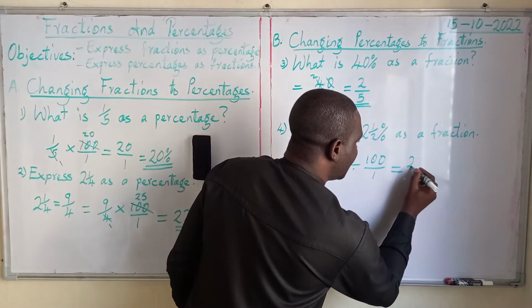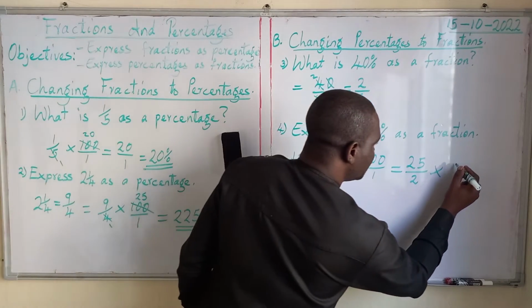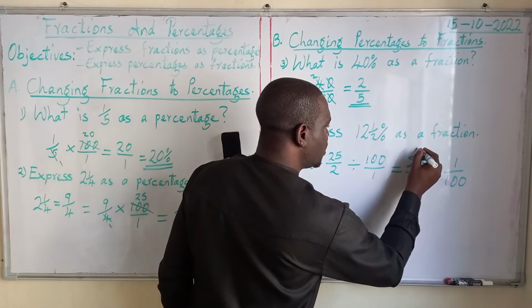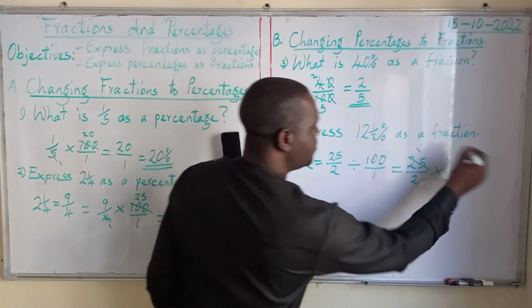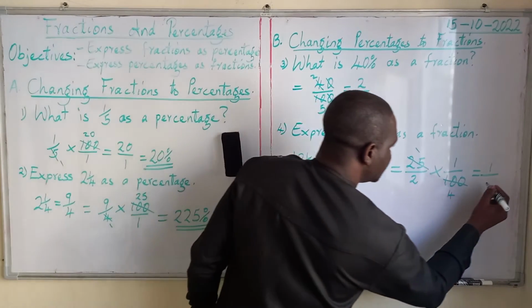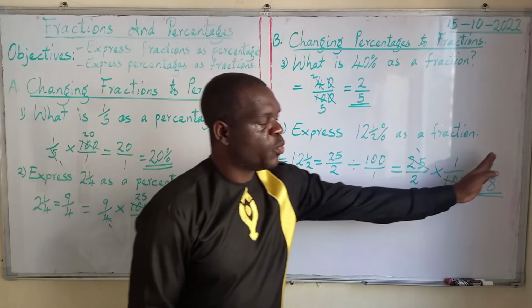That will be 25 over 2 times, instead of 100 over 1, 1 over 100. 25 can divide itself one time, and 25 can divide 100 four times. We multiply across: 1 times 1 is 1, and 2 times 4 is 8. Therefore, 12 1/2% as a fraction is 1/8.